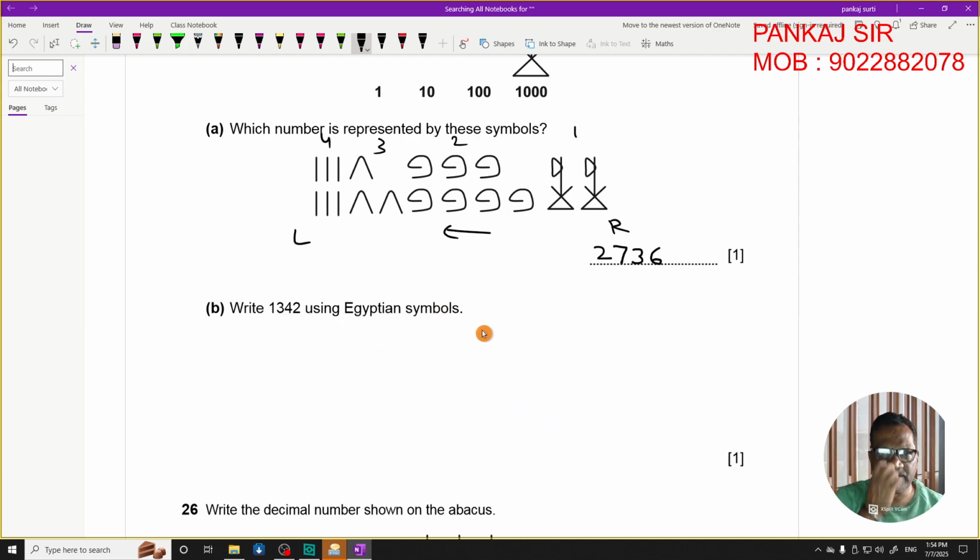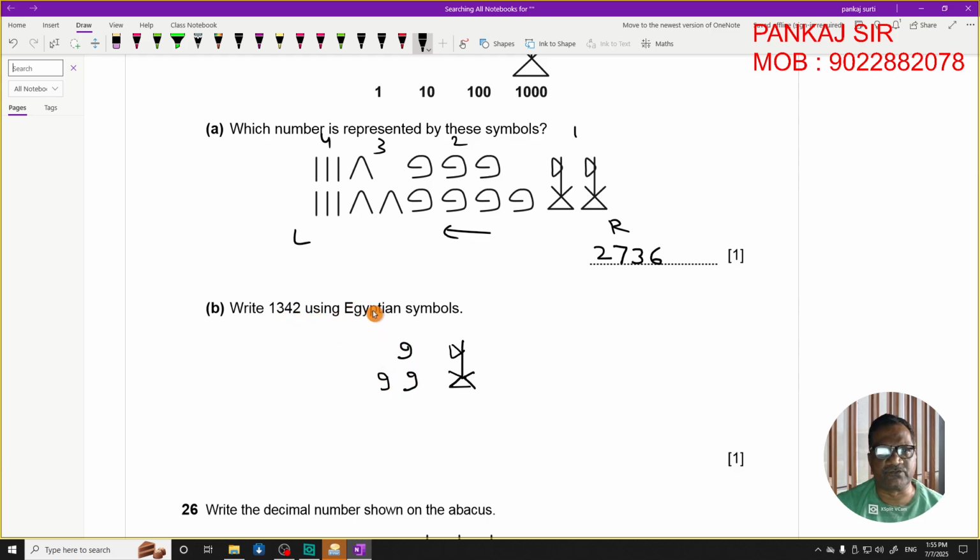Now using the same logic, you will have to write 1342 using the symbols. As I told you, the number is written from right to left. Our first digit is 1, so I'll take 1000, and the symbol for that is this symbol. Then 300: I will draw 1 over here and 2 at the bottom, so this makes 300.